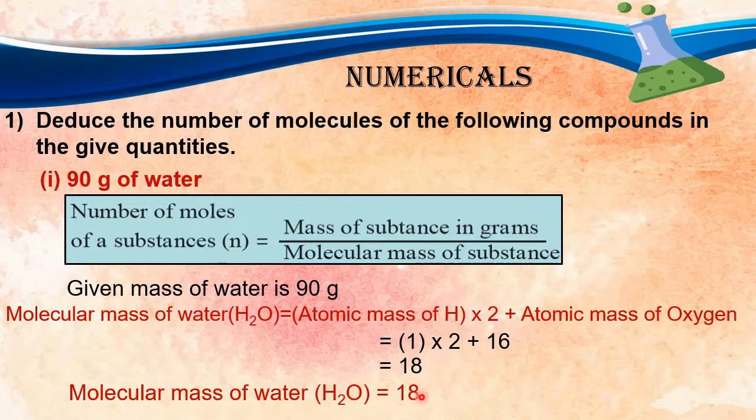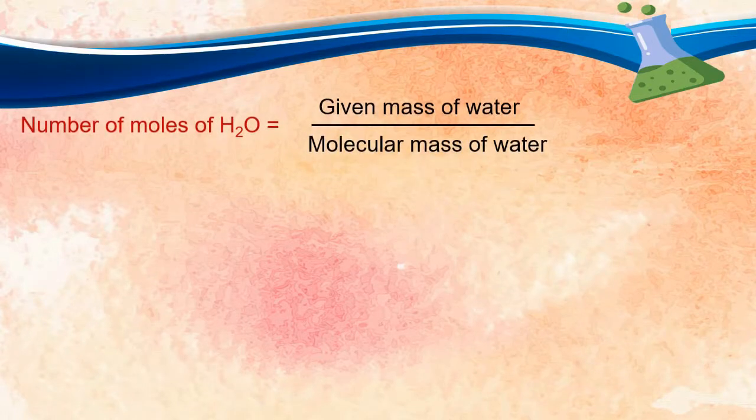Now let us put these two values in the formula to find out number of moles. So here we have the formula. Number of moles of water is equal to given mass of water divided by molecular mass of water.